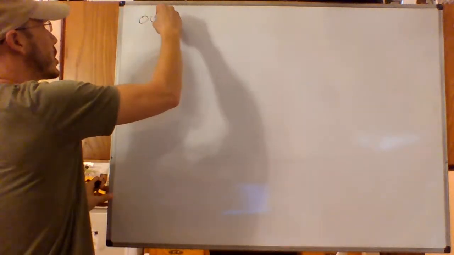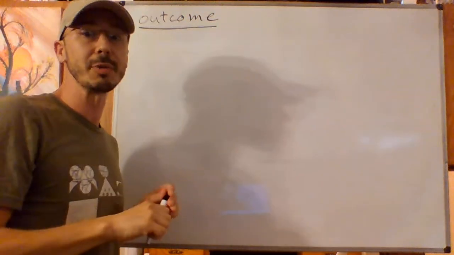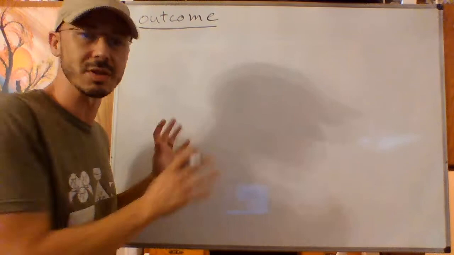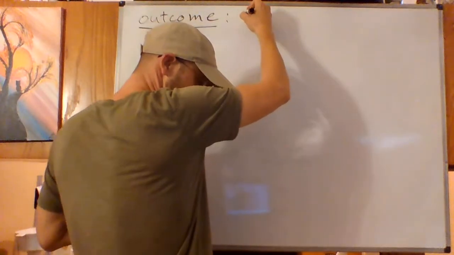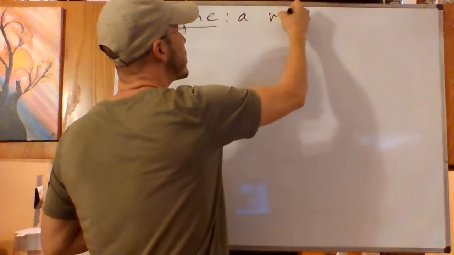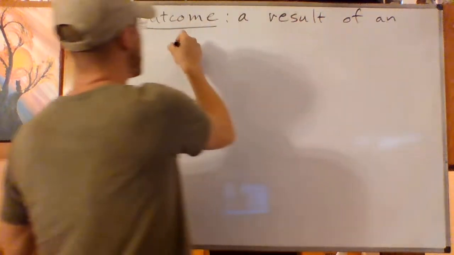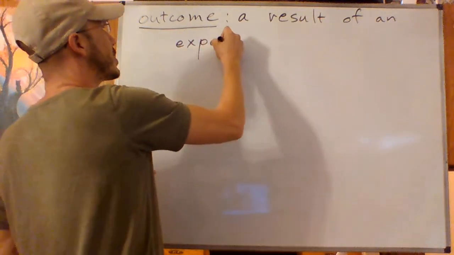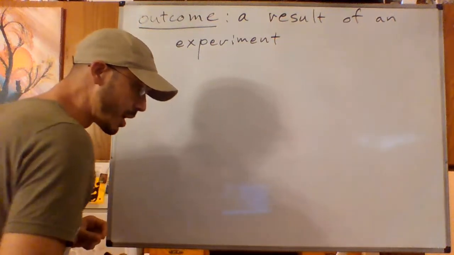Outcome. An outcome of a probability experiment, or just an outcome of an experiment, because that's the only experiment we're talking about, is a result of an experiment. And I'll have an example in just a moment.